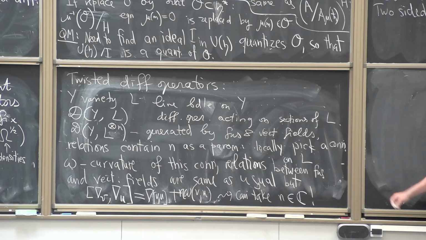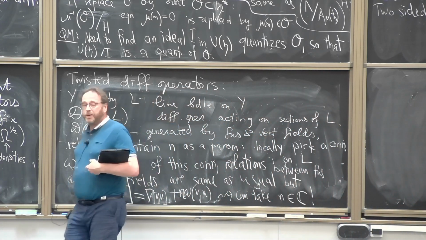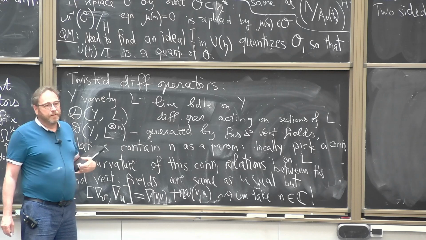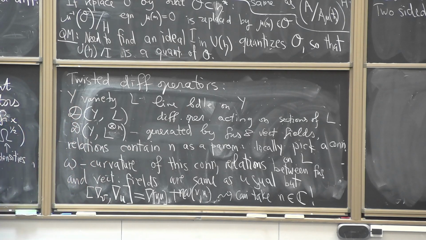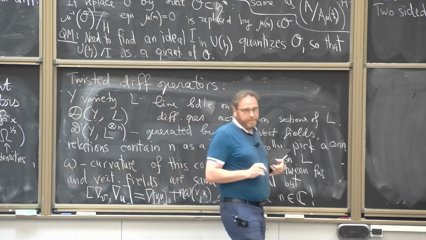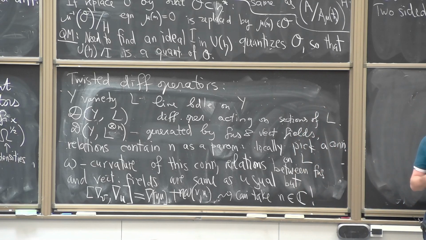So in that case, this formula will give you the definition of the algebra D of Y, L, or D of Y, L to any power n, which is any complex number. I don't want to focus on this because this is not going to be very important. In the situation which we want, this K to the 1/2 will perfectly exist as a line bundle. So you should think about natural differential operators which naturally act on sections of a line bundle rather than functions.